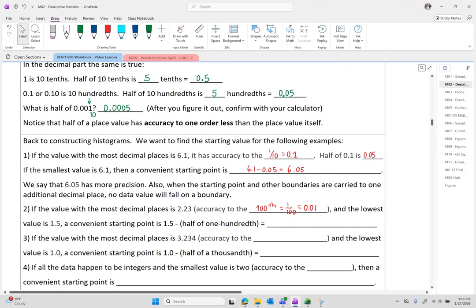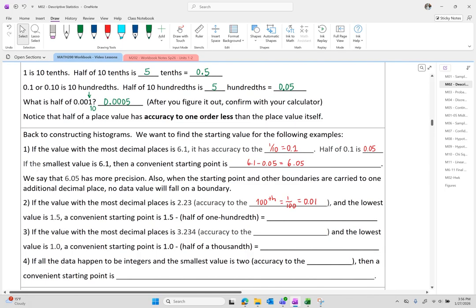Now, what do we do with this? When we find the accuracy that we want, to be able to have the starting and the ending point, we take that accuracy and we subtract it from the smallest value and we add it to the largest value.